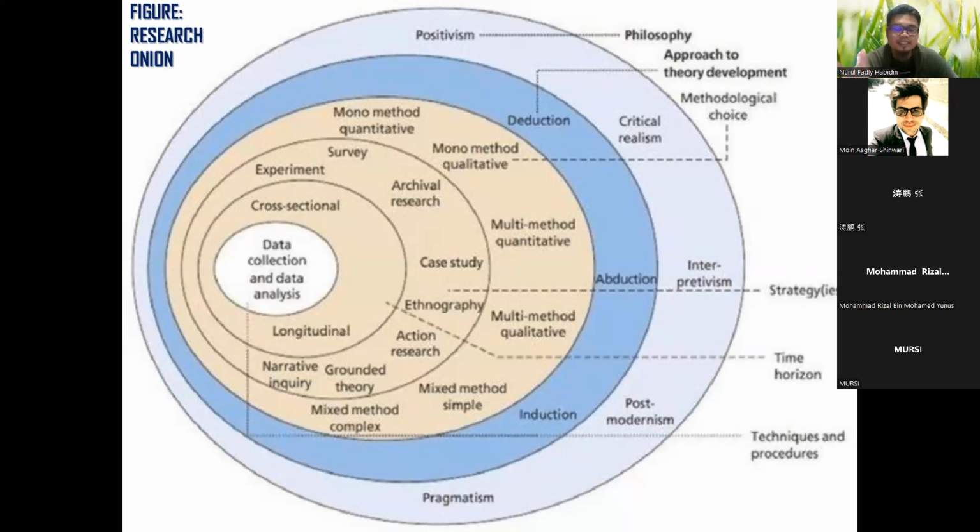It has six levels. The first is philosophy, next is approach, then methodological choice, strategy, time horizon, and number six is technique and procedure. After this we can interpret it one by one, layer by layer, from the six layers of Saunders' research onion.